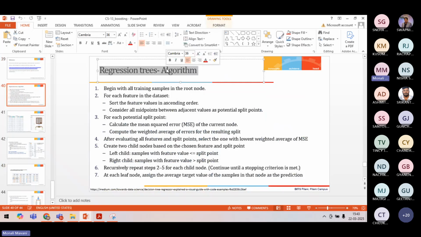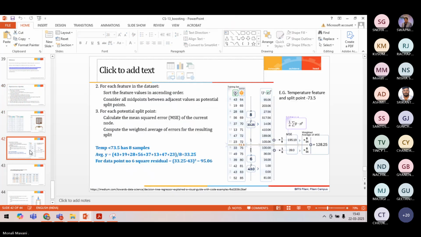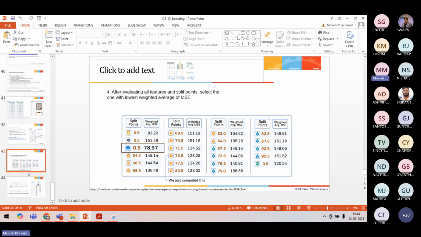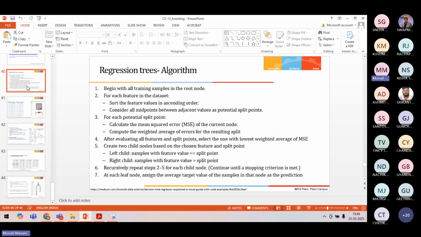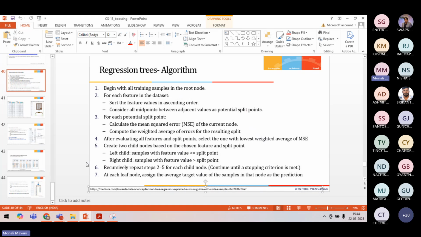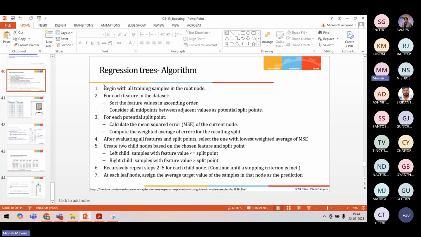This is a regression tree. I have already uploaded it along with the boosting PPT. Has anyone gone through this? I remember I had explained, but okay. The steps are also mentioned, and I've given the reference where this entire example is taken from.